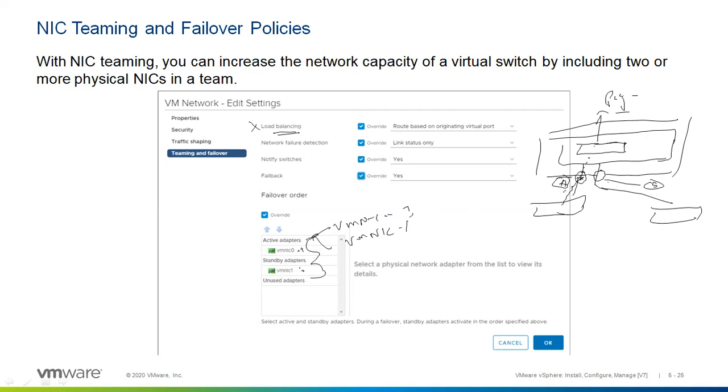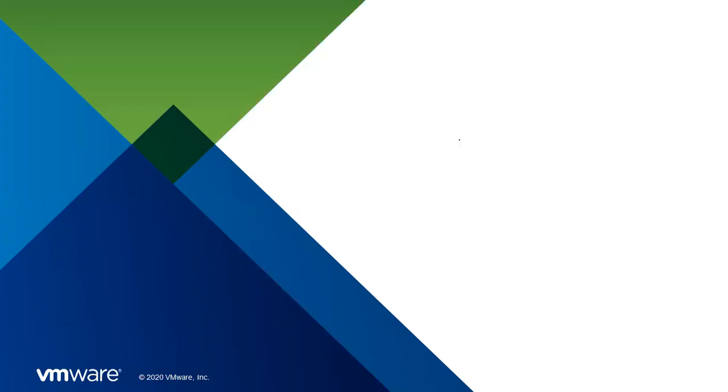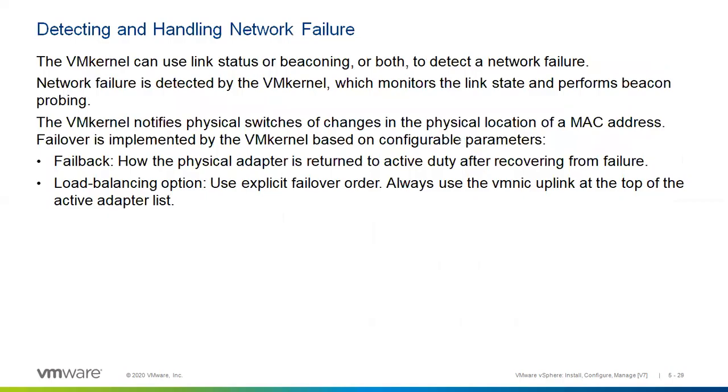Some of the traffic is going from here and some of the traffic is going from here, from the above listed virtual machines. So now this policy is telling you how your traffic will be balanced between these active physical NICs. So when we say route based on originating virtual port.